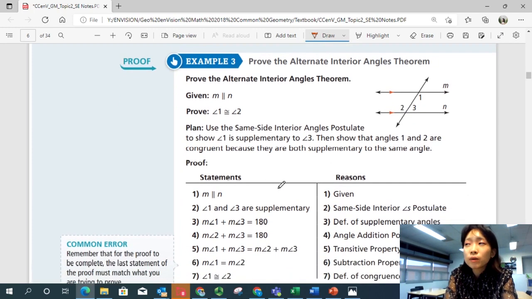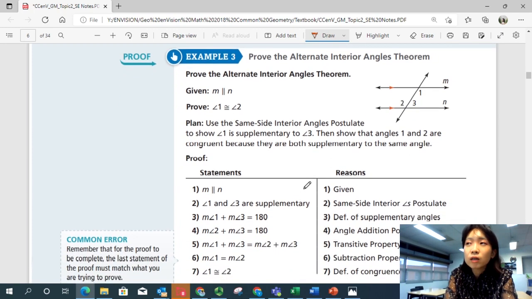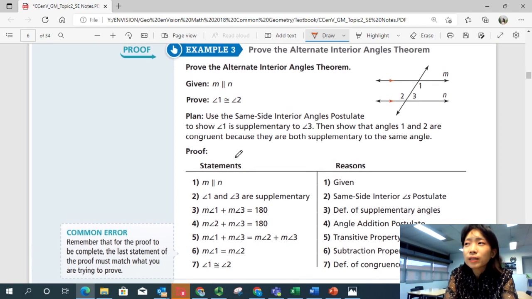So we're going to start our proof with a given statement. Line M is parallel to N. You can use this parallel notation. And then we're going to say angles 1 and 3 are supplementary by the same side interior angles postulate. And then that means the measure of 1 plus 3 would be 180 by definition of supplementary angles.